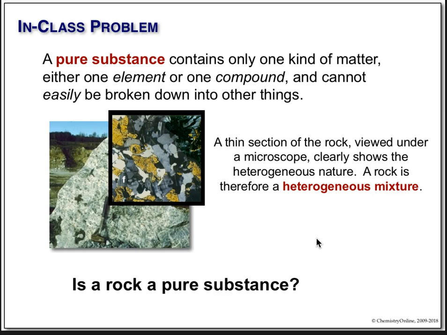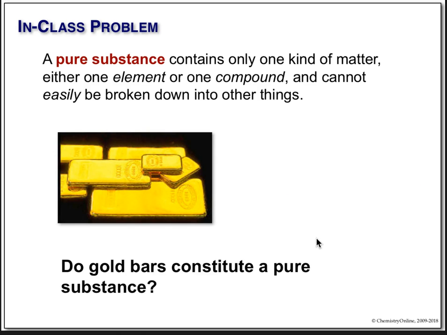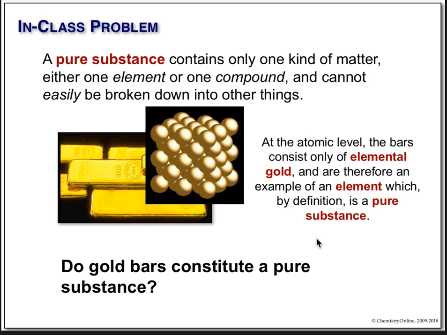This is clearly a heterogeneous mixture. This sample is different than that sample. Gold bars, they all look different, don't they? However, it's a pure substance because at the atomic level, they're all made up of only one element, gold.